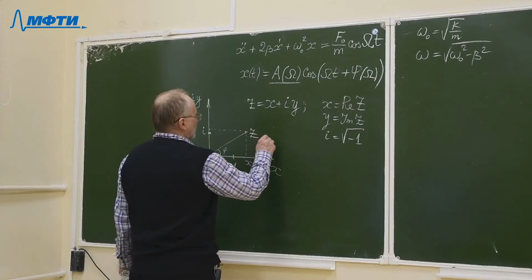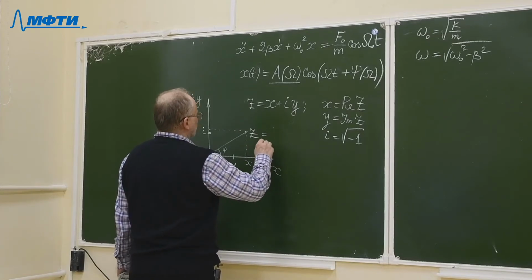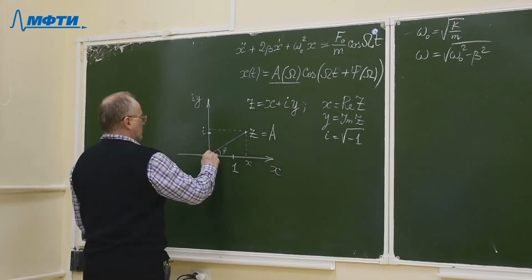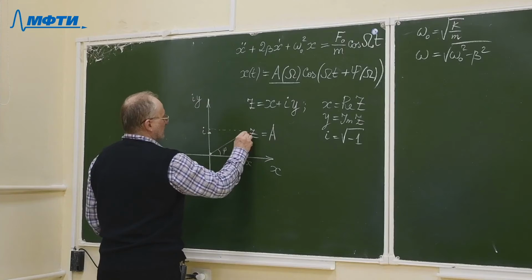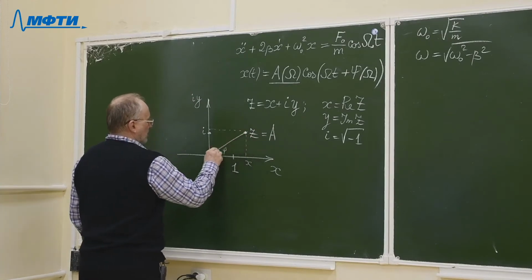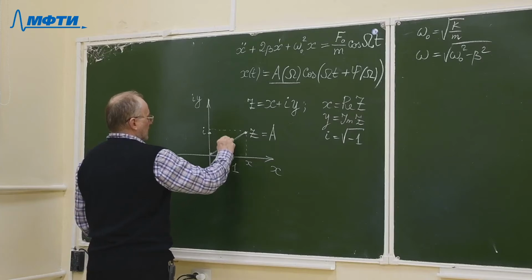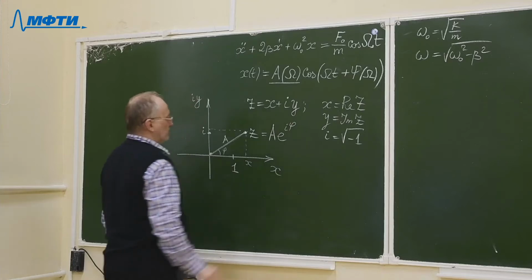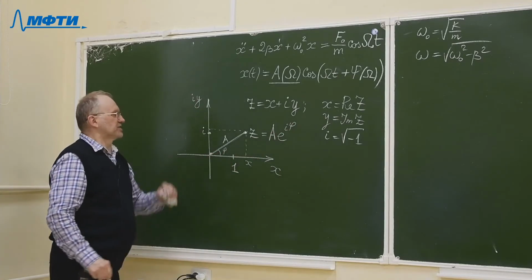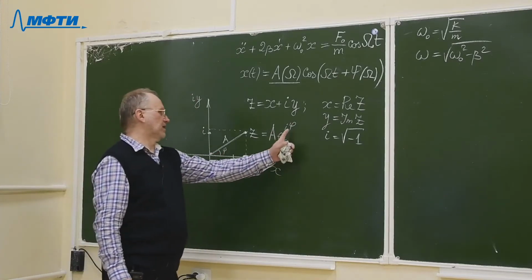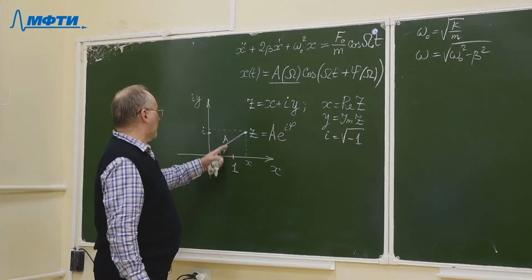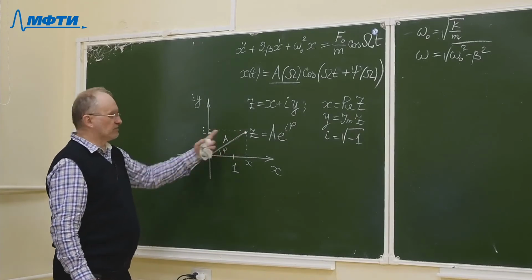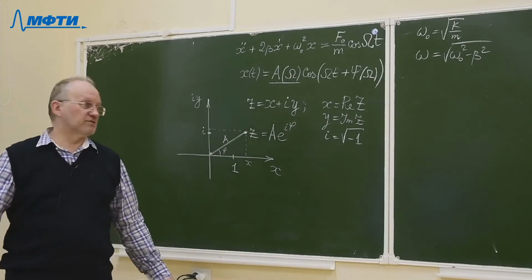Any complex number may be presented in the form of amplitude of complex number, which is just the length of this section, that is the amplitude, times exponent i phi, where phi is the angle or argument, the angle at which we see this complex number on the plane, or the argument of complex number. You know these things, I'm just reminding you.